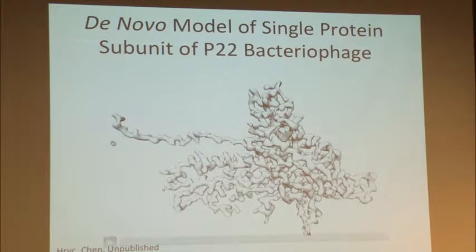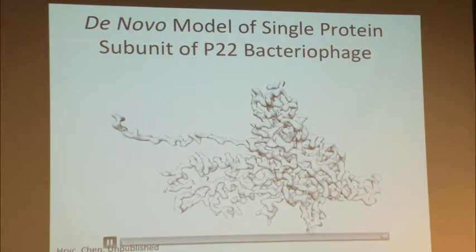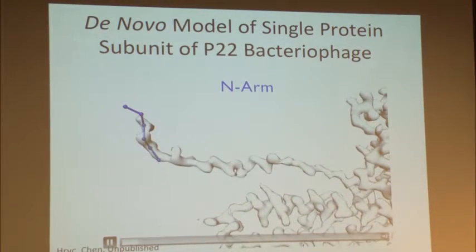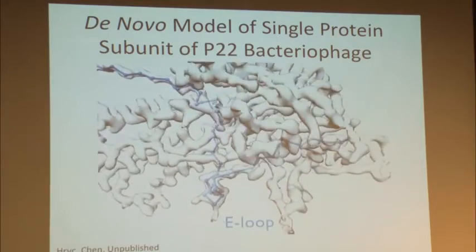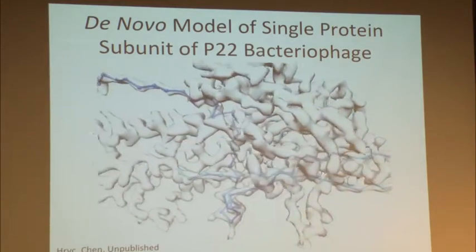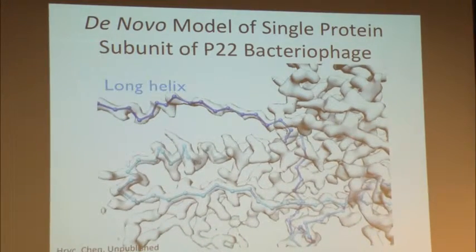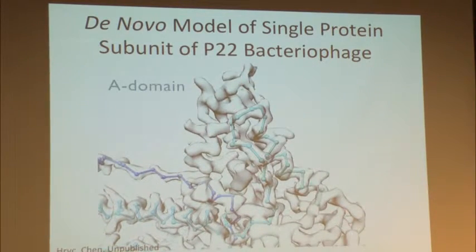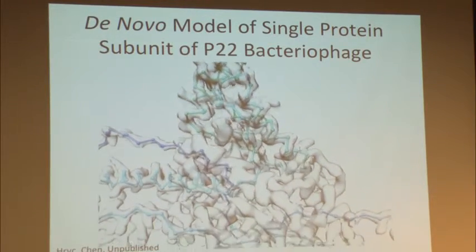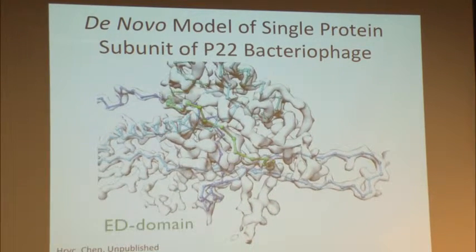So here is one, obviously, is one end, the N terminal. I'm going to walk you through from one end of the molecule to the other. So this is the N-termini. We build the entire polypeptide backbone. In fact, we have developed a software called PathWalker, based on skeleton space, a mathematical space, that allows us to trace the connectivity of the density.